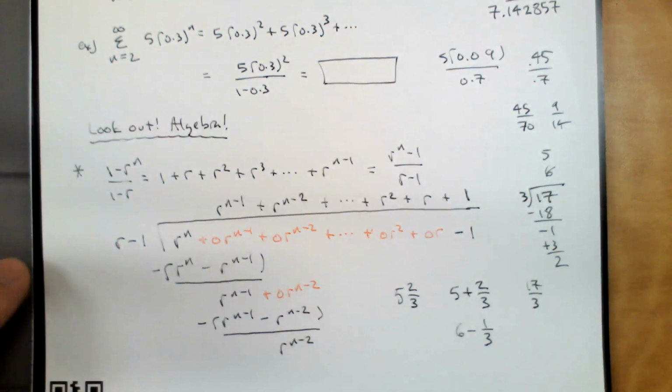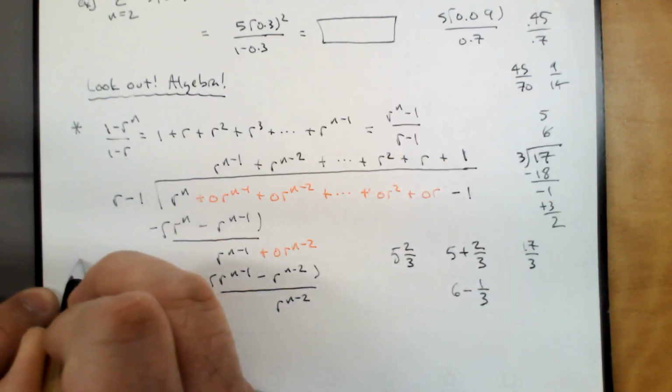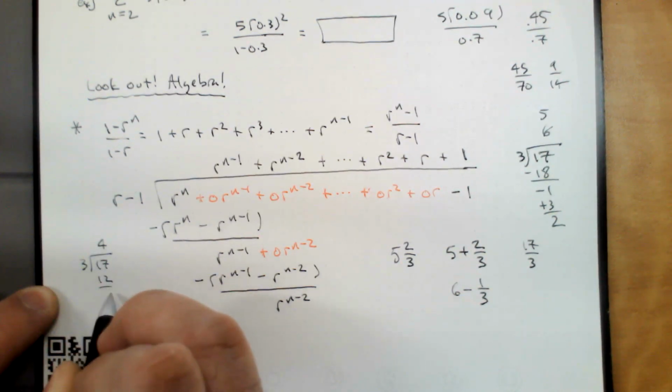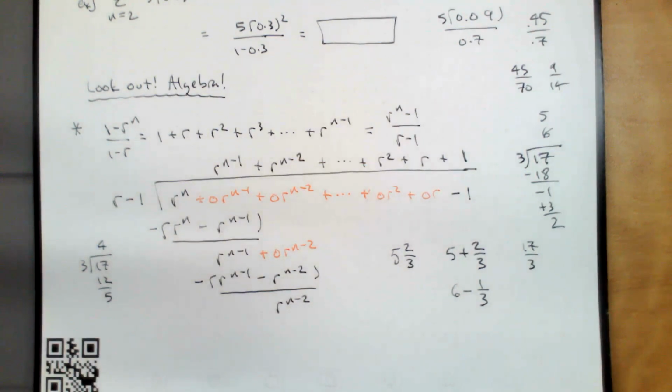If you're overly conservative, it works out fine as well. I know I can subtract 4. 4 times 3 is 12. 17 minus 12 is 5. Oh, shoot, I can subtract another one.